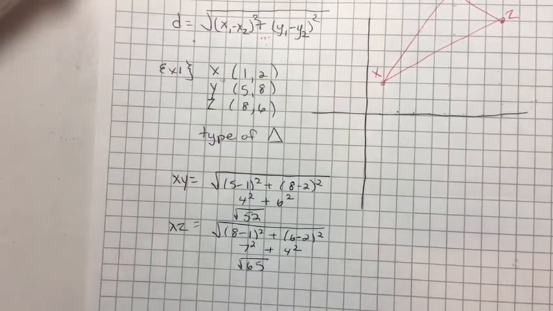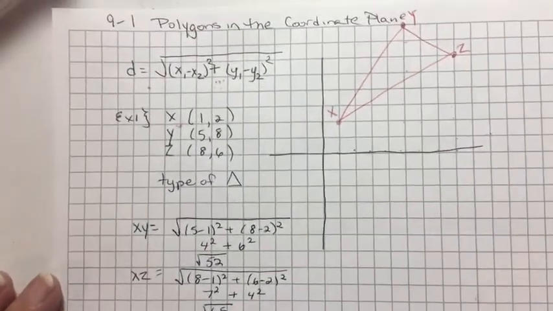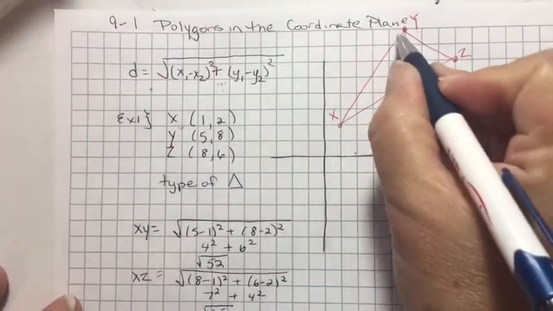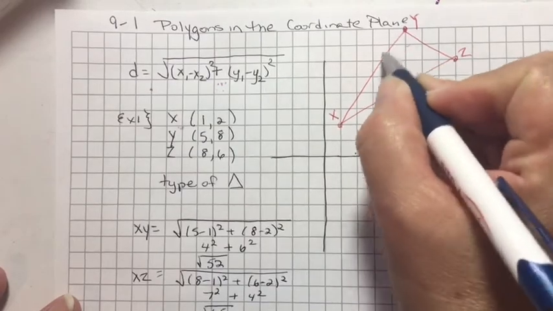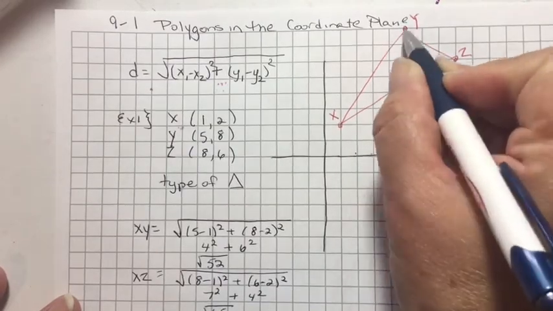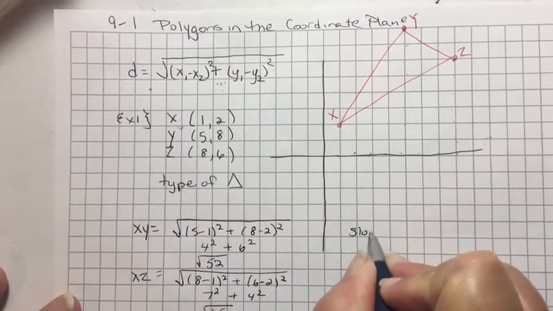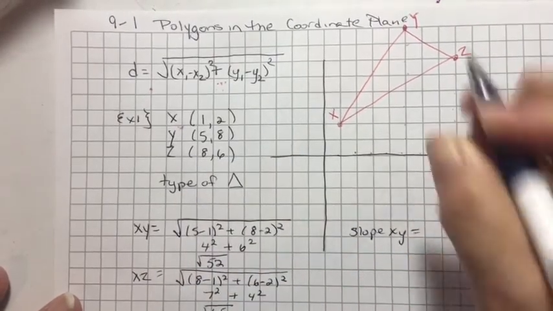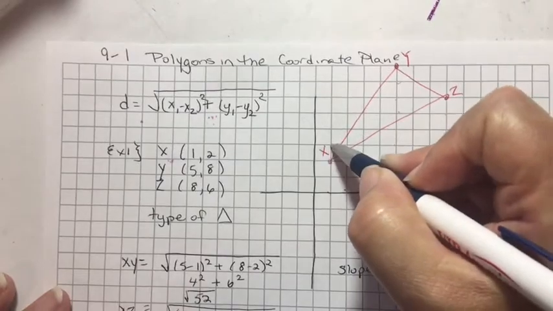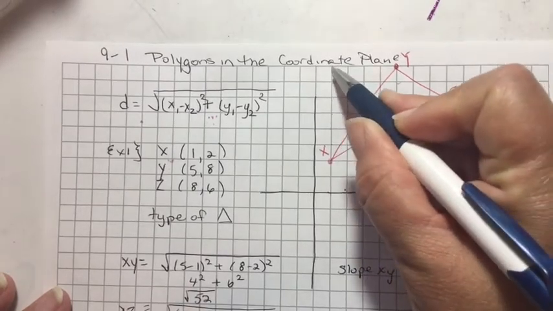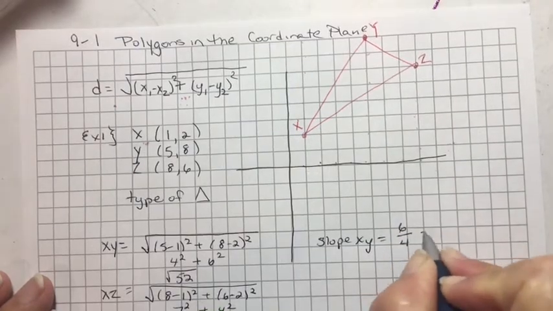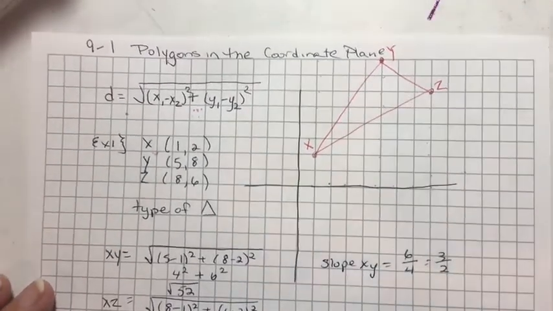So my only choice now is, could it be a right triangle, or maybe it's just scalene. Now the angle that I think is a right angle is up here. Remember, slopes of perpendiculars have to be negative reciprocals. So I'm going to figure out the slope of XY. I'm going to rise 1, 2, 3, 4, 5, 6 and run 1, 2, 3, 4. So that is 6 over 4, which reduces to 3 over 2.